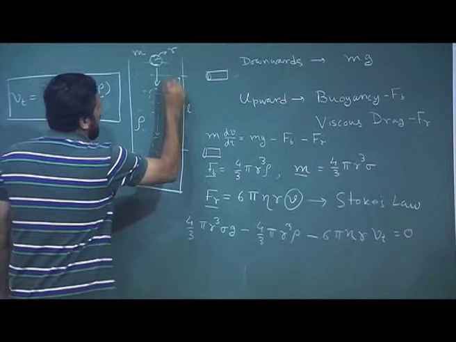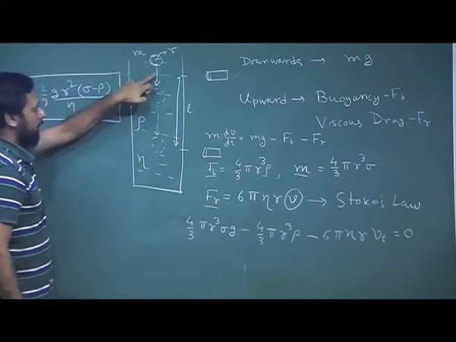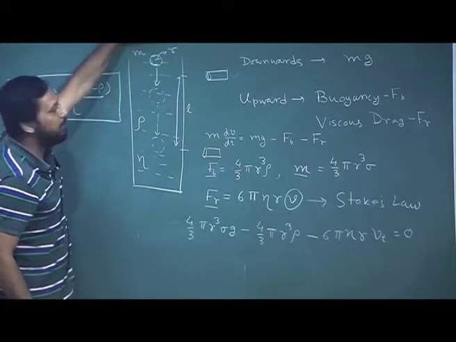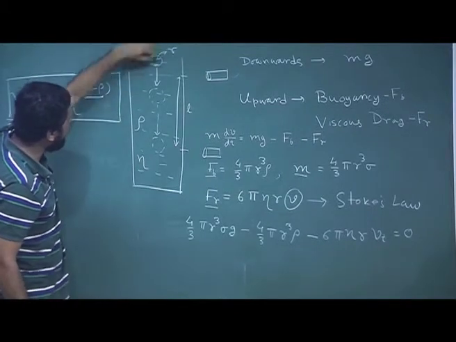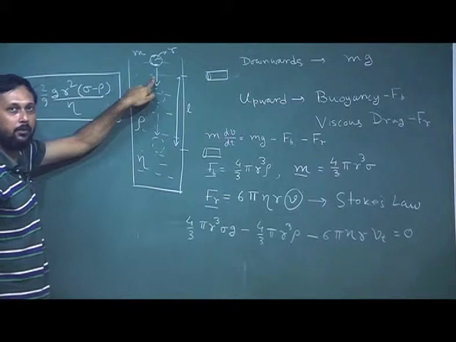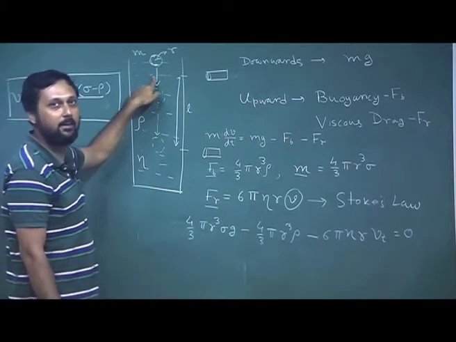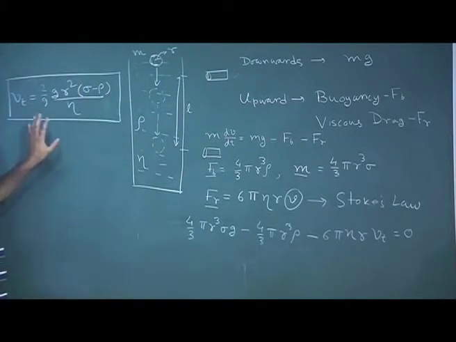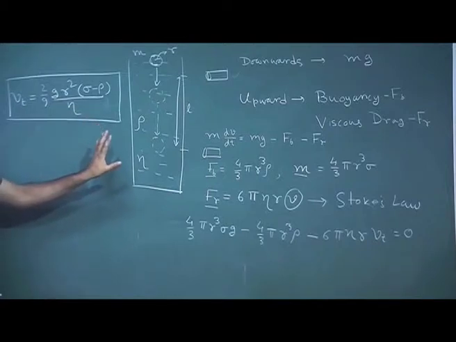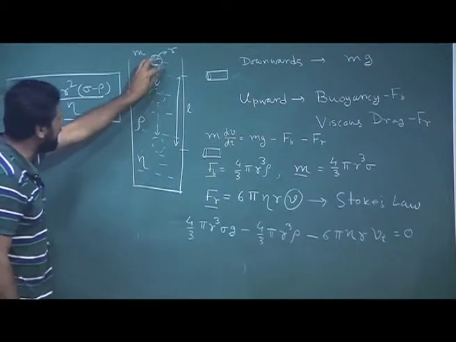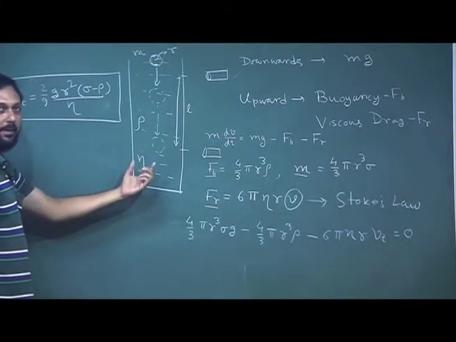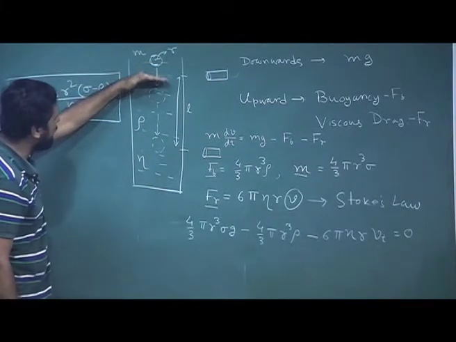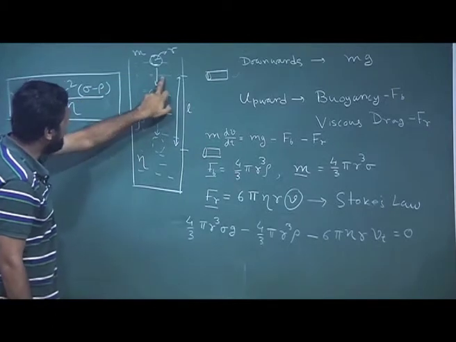Once the ball starts falling, of course, it will have sufficient length before this marking, so that by the time it reaches here, it gains the terminal velocity. Please remember, this experiment will not be a valid experiment unless this sphere gets to its terminal velocity.